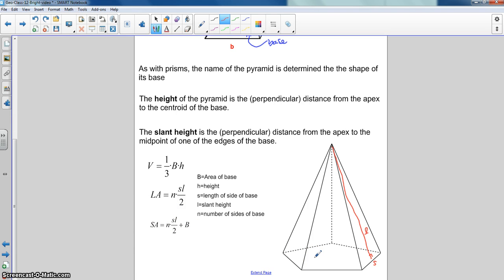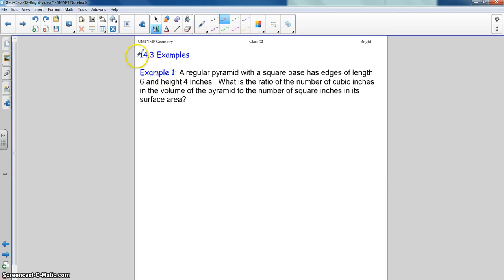We're actually going to jump right into examples in this video. If I start with a regular pyramid with a square base, I'm going to make a little diagram here. So here's my square base, and here's my apex, and I connect my apex to each side.